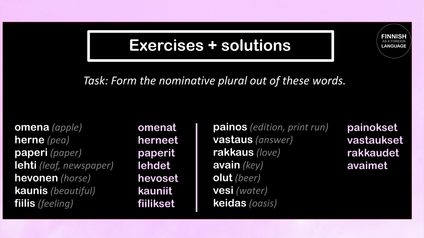Next one, olut, meaning beer. Very good, it's oluet. Next one, vesi, meaning water. That's right, it's vedet. Next one, keidas, meaning oasis. Let's form it. Very nice, it's keitaat. That was actually a difficult one.